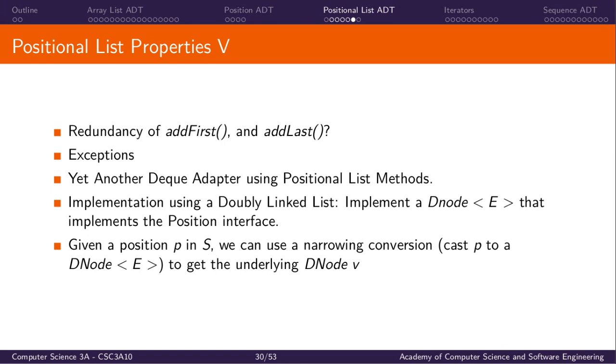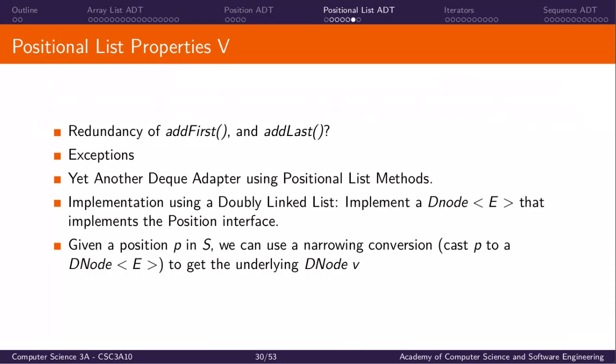So positional list ADTs mainly store the position of an element regardless of its value. What are some use cases for the positional ADTs? As I said before, like a general list, we can use it to implement any less general linear ordered data structure.